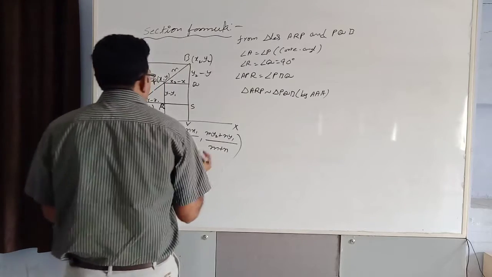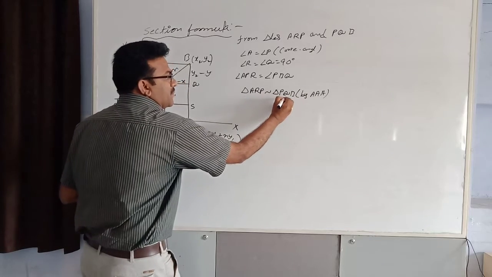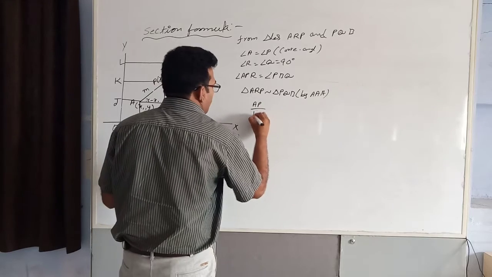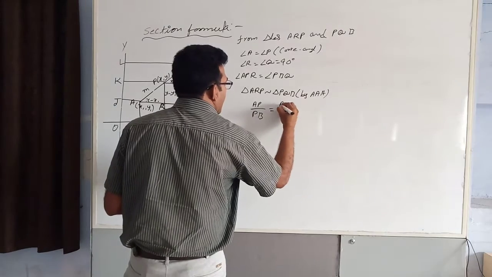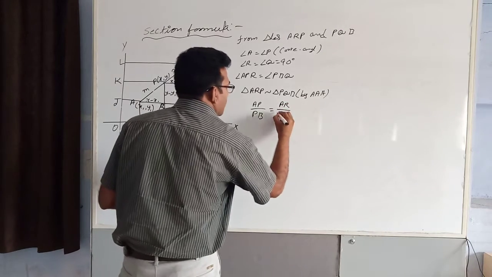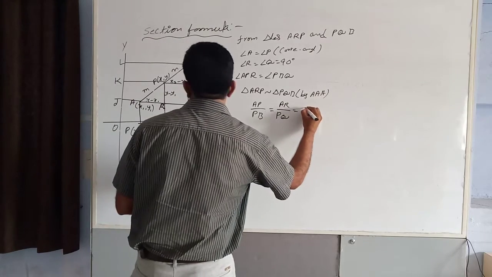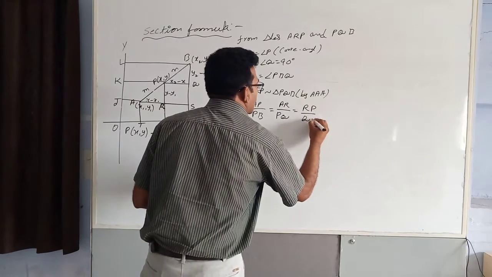So here we take the corresponding sides of triangle ARP and triangle PQB. AP by PB is equal to AR by PQ, which is equal to RP by QB.